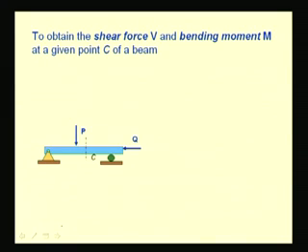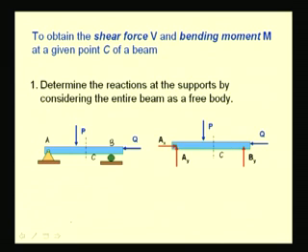Here you see a beam which is pinned at A and has a roller support at B, and we are interested to find the shear force and bending moment at a section, say C. We have some applied loads P and Q. First we determine the external reactions: at B we have the vertical reaction By, and at A, since it is pinned, we have Ax and Ay.